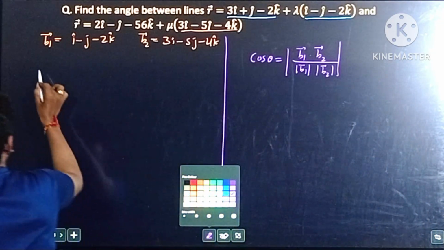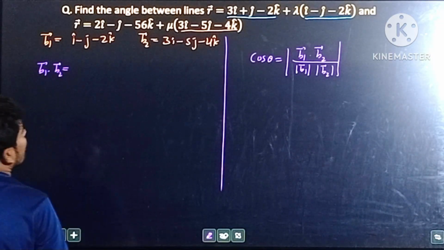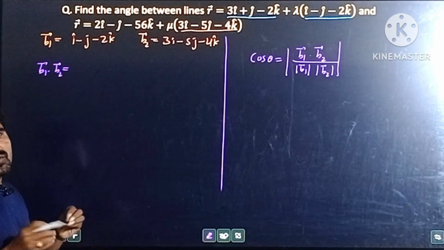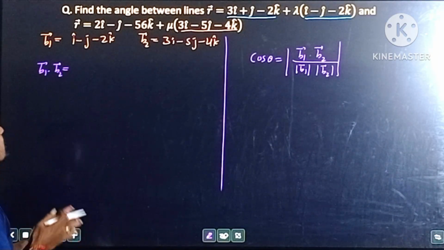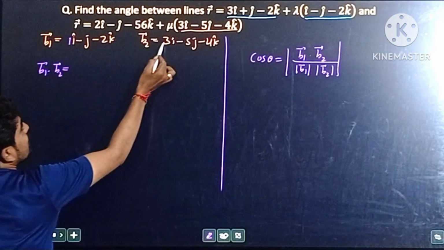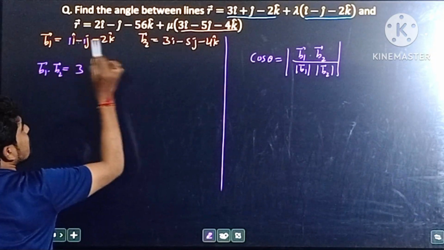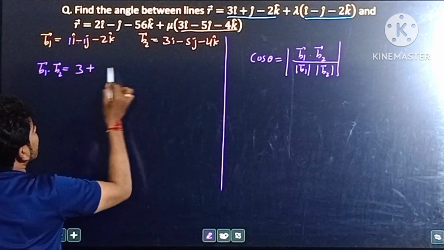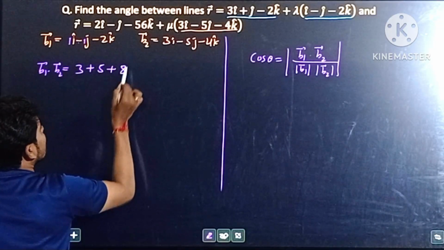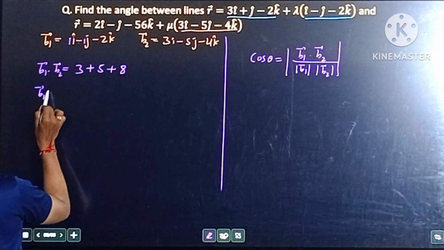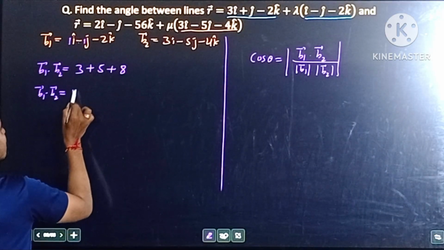Firstly, b1 vector dot b2 vector: as you know, the dot product of two vectors is obtained by multiplying the coefficients of i with i, j with j and k with k. Therefore 1 into 3, and then minus 1 into minus 5, minus into minus is plus, 1 into 5, and then minus into minus is plus, 2 into 4 is 8. Therefore b1 vector dot b2 vector is equal to 3 plus 5, 8, 8 plus 8 is equal to 16.